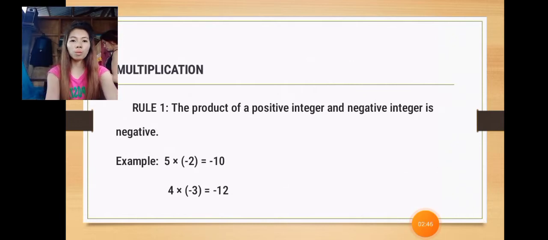So always remember in multiplication, if the two integers have opposite signs, the product is negative. Why? Because if you multiply positive times negative, the result is negative.